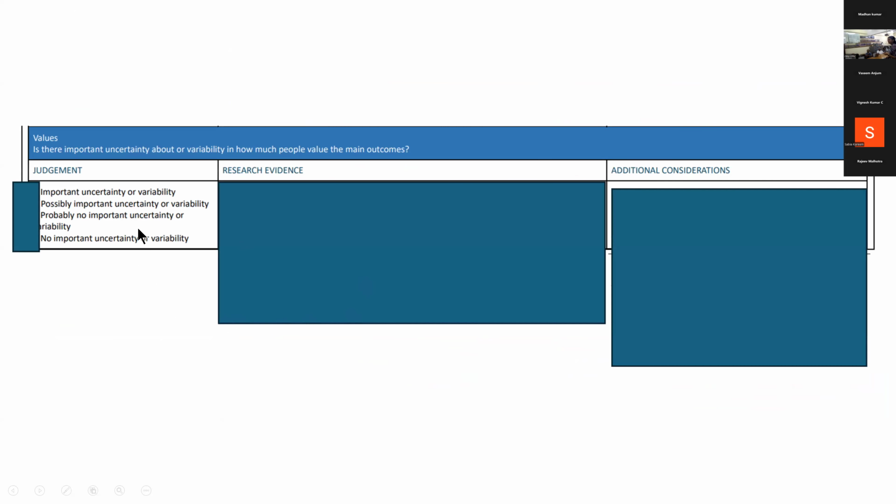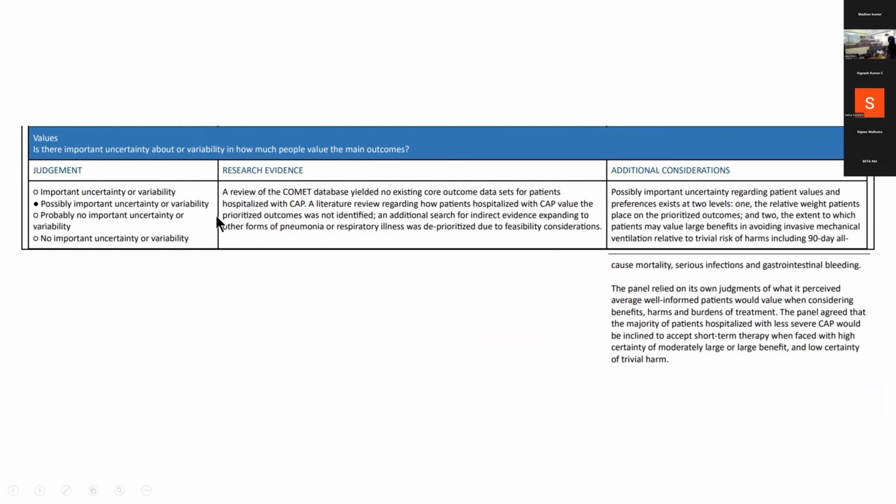Next one, values. What importance will people place on the outcomes? Will it differ among all of us? Will all of us agree on the same outcomes, or will our values be different? Okay, so some people are saying it's possibly important uncertainty or variability. But for this, you should actually have a study.